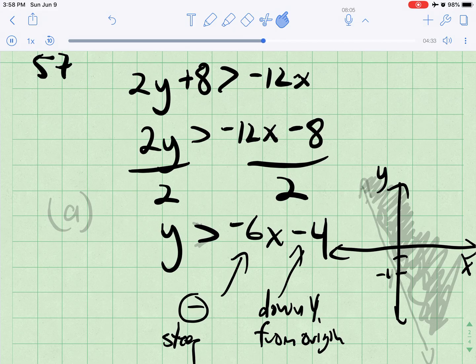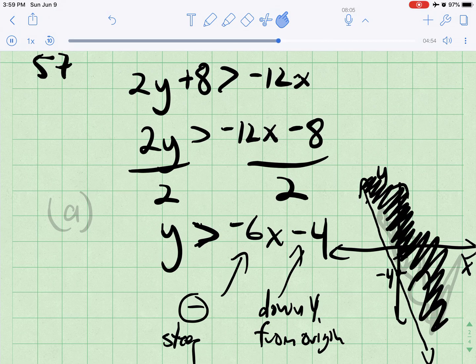There's our negative 4. I put a dot there. And this graph is very steep and it's decreasing. So something like that. And this equation says y must be greater than. So it's all the points above. All the points above the line. Okay? So which choice is that for 57? That's choice A.